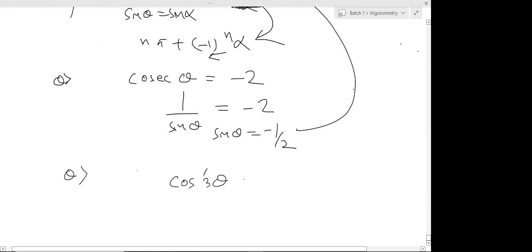Cos 3 theta is equal to minus half. Try to solve this one.